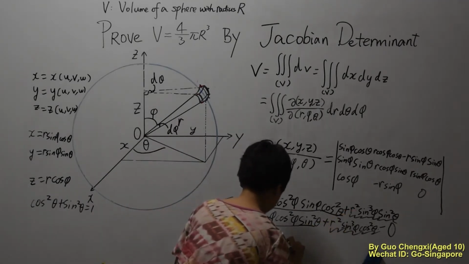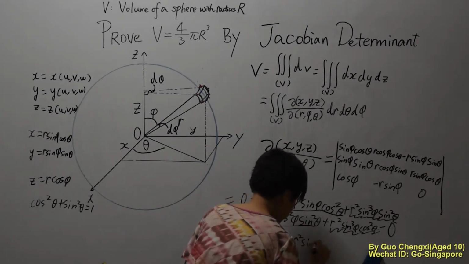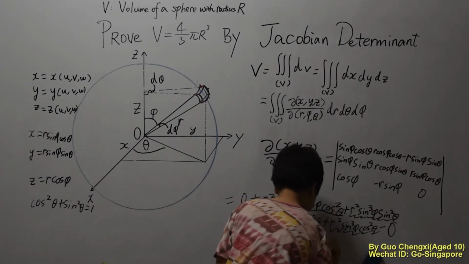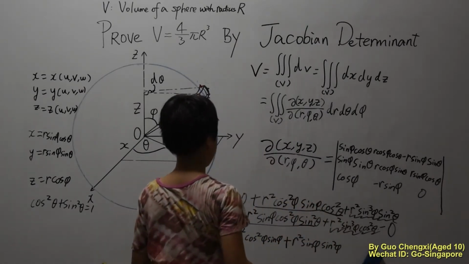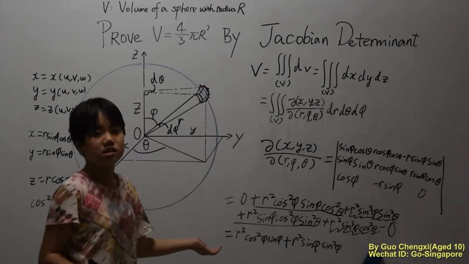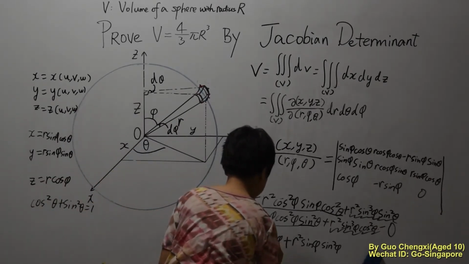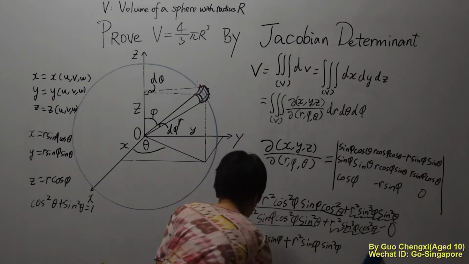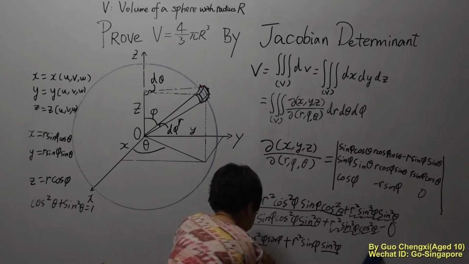While over here, these two also are square sine phi sine square phi. But wait, why did I write it like this? Is there anything special? Yes, there is. If you check once again, these two can combine once again, and those two parts become 1.